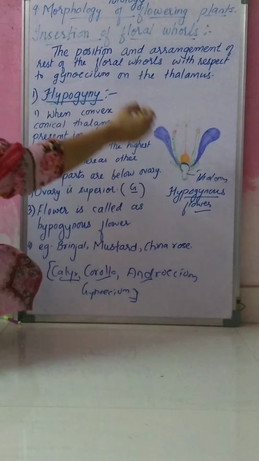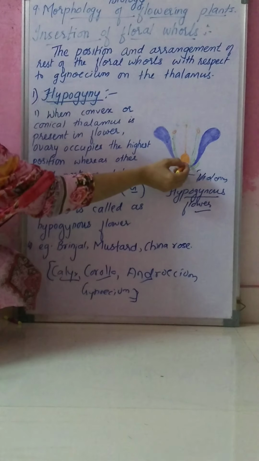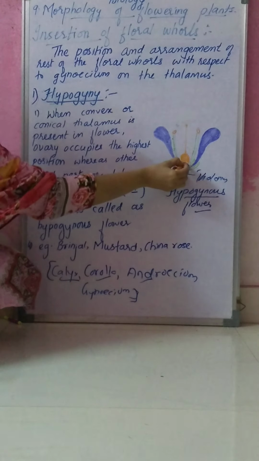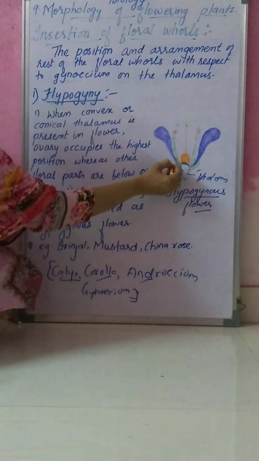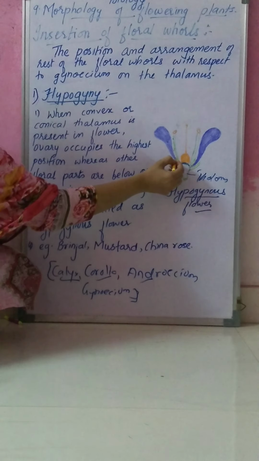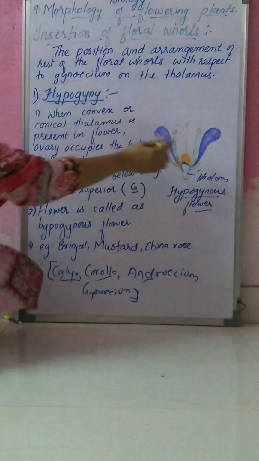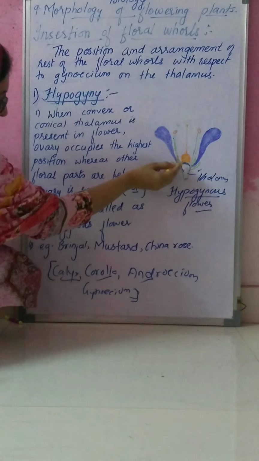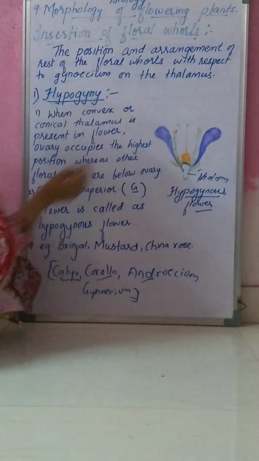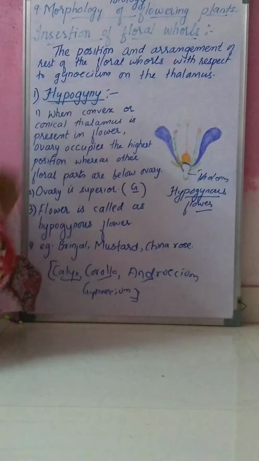The ovary is present in the highest position, whereas the other floral whorls, that is, this is the calyx, then this is the corolla, then androecium, are present below the ovary. This is the ovary and the other 3 floral whorls are present below the ovary.